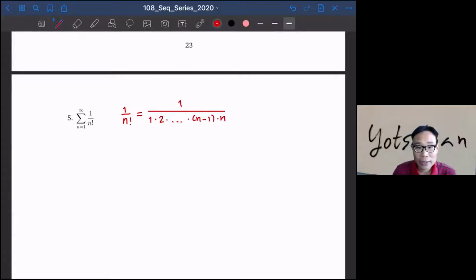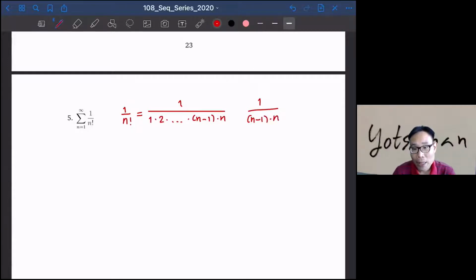And the thing that you see here is, if you just ignore this part, I can just ignore this part, so it's going to be n minus 1 times n.